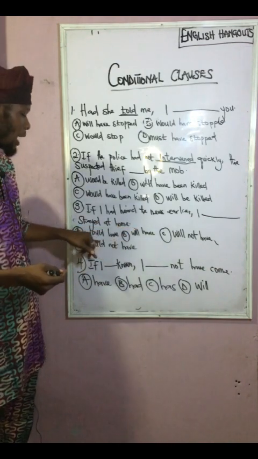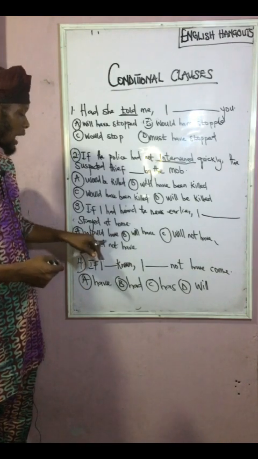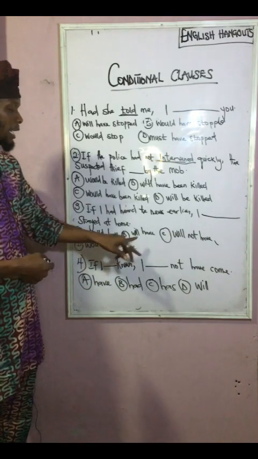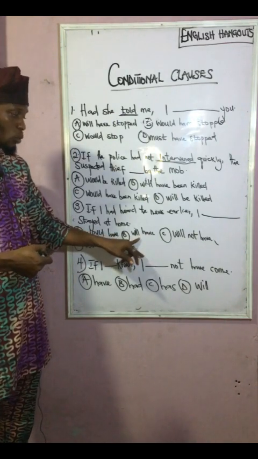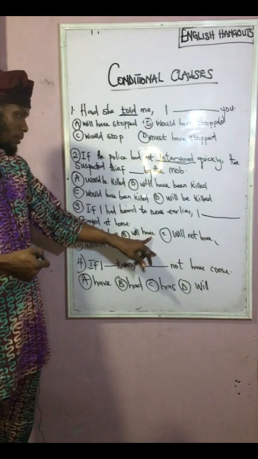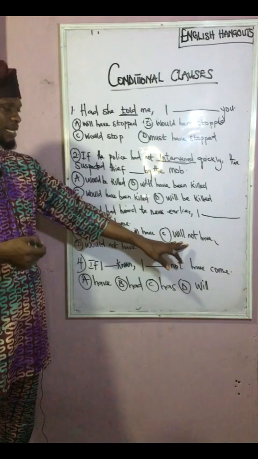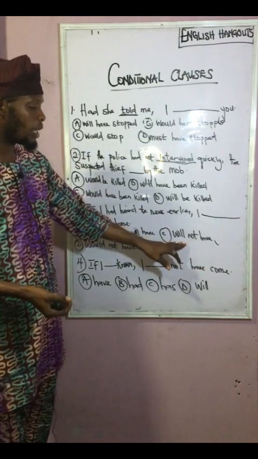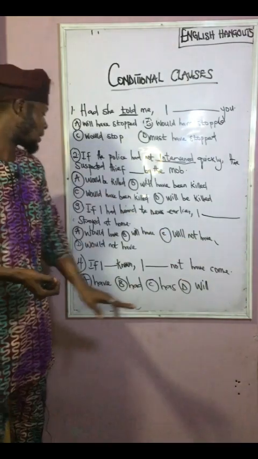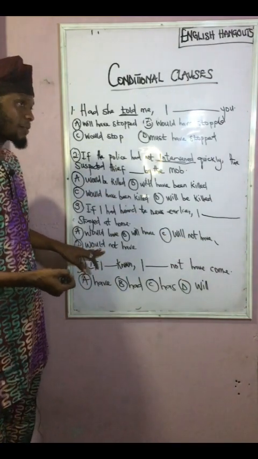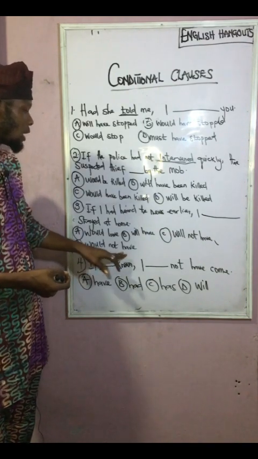Here we have a modal auxiliary verb in the past form, and a helping verb. Here we have a present modal auxiliary verb with another helping verb. Here we have a present modal auxiliary verb with negator not, and then another helping verb. And here we have a past tense modal auxiliary verb would with a negator and an anomalous verb.